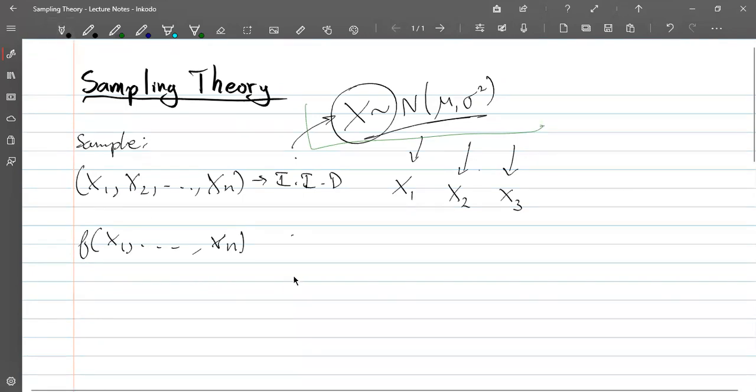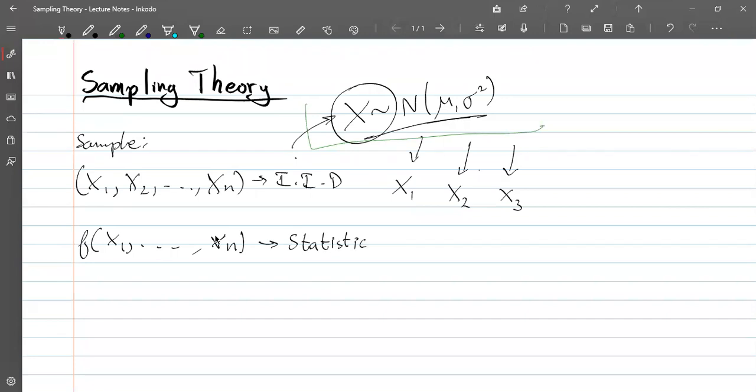So any such function of this which does not depend on these parameters, so you're measuring it only from the sample, that is called a statistic. Okay. So the word statistics is not just the name of the topic or the subject, but has a particular formal definition, which means it is a function of the sample that does not depend on the parameters of the population.